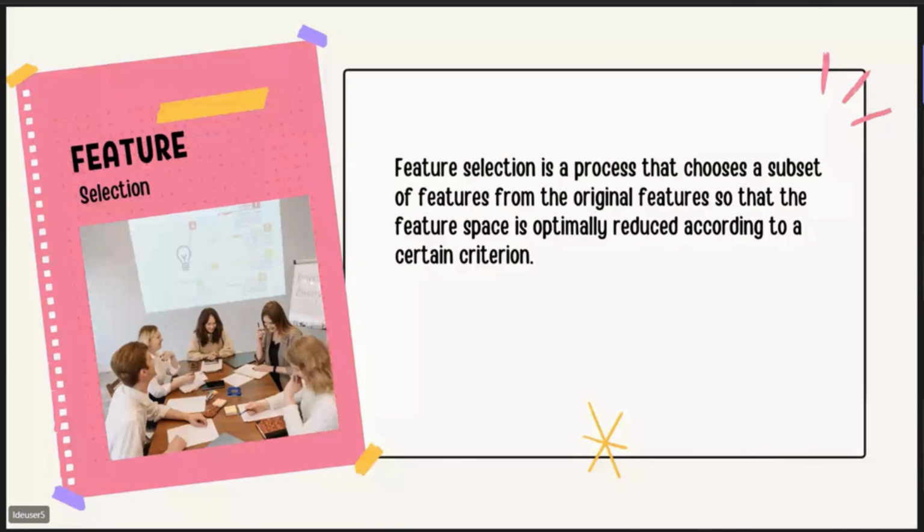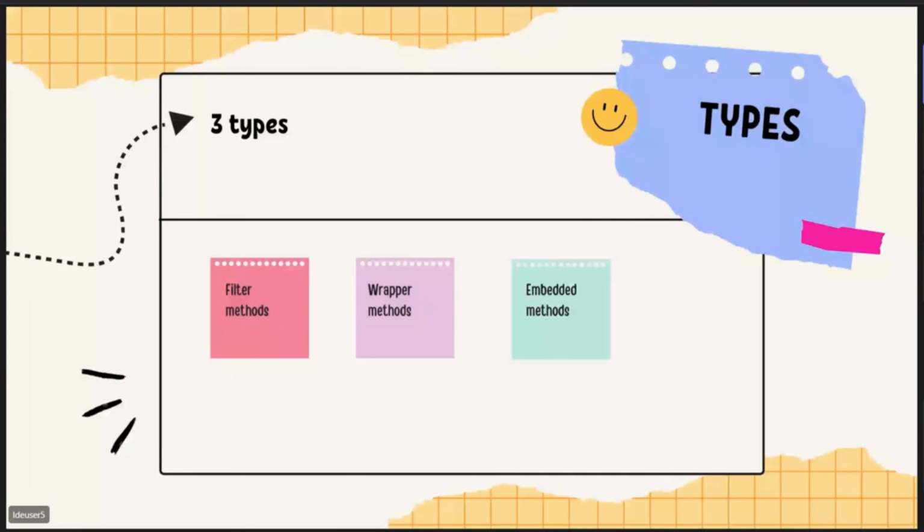So important features when removed from your data set have a negative impact, and they might make your model totally inaccurate or unreliable for any prediction. Okay, so to perform this feature selection, three types of methods are available. Any of these can be used.